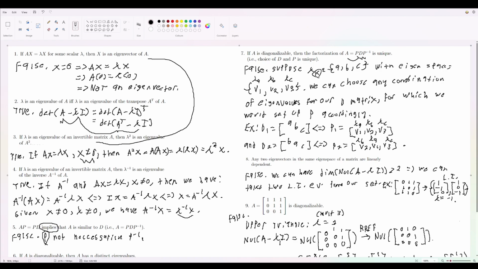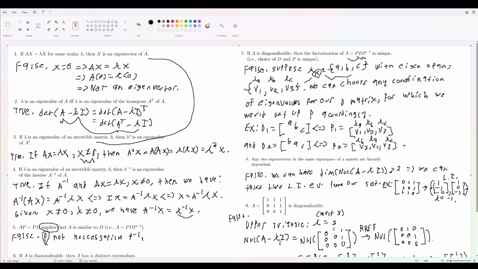How we do that is we would set up our P accordingly. So this is an example. From our eigenvalues up here, we can set up a D1 matrix such that it's a, b, c. That implies that we're going to have our P1, which we set up with v1, v2, v3, because we define it up here to be respective: lambda a, lambda b, lambda c.